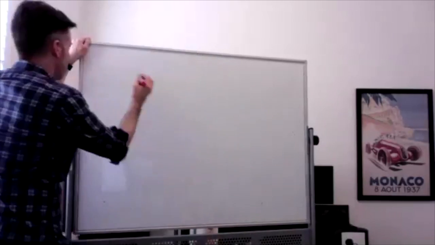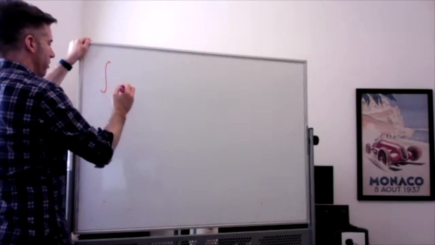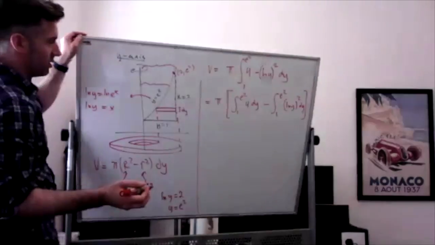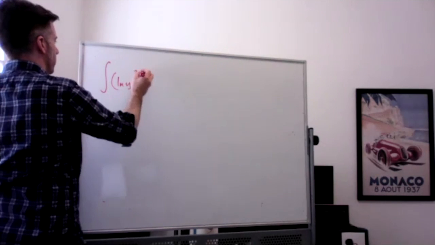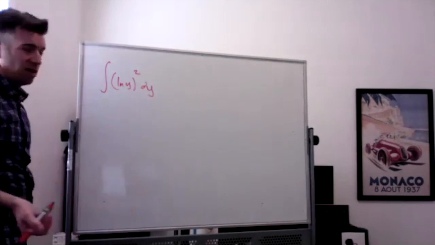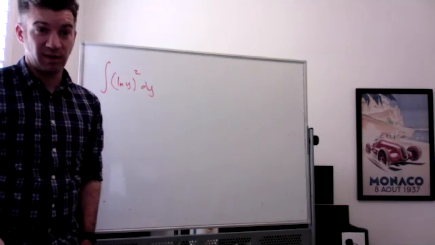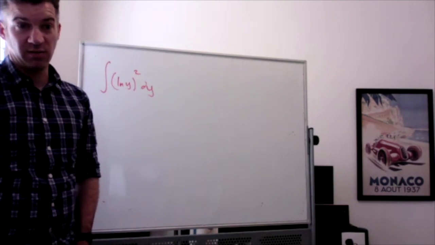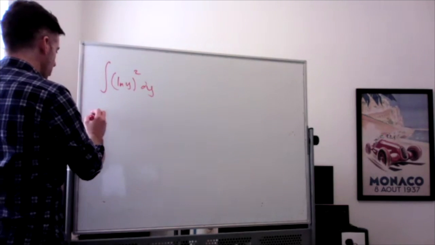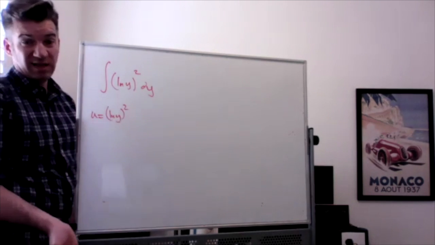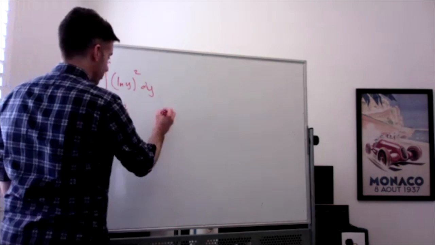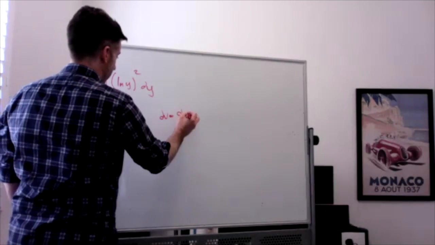I want to do the integral of, what did I have here? Okay, the natural log of y quantity squared. So this is an integration by parts problem, and we only have kind of one option. We're going to let u equal the natural log of y squared, and dv is going to be the rest, which is dy.